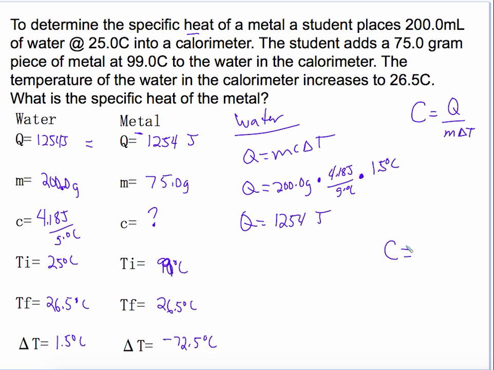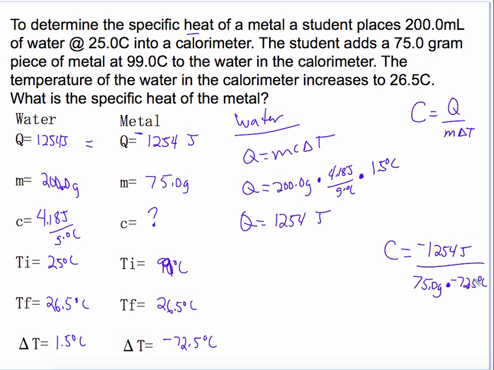Now we can go over here for the metal and plug this in. C equals Q, negative 1254 joules, divided by the mass of the metal. Now we're using all metal data, times the temperature change of the metal, negative 72.5 degrees Celsius.